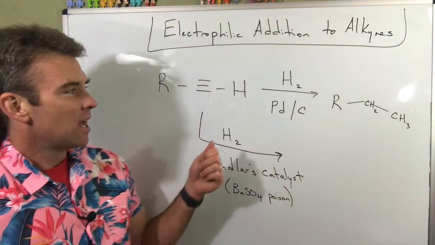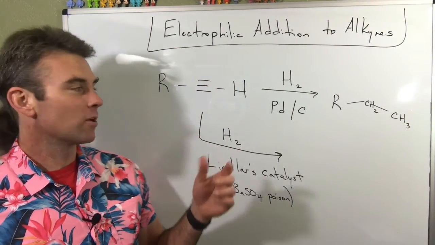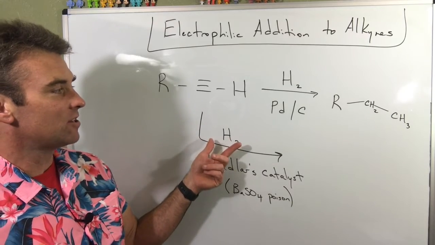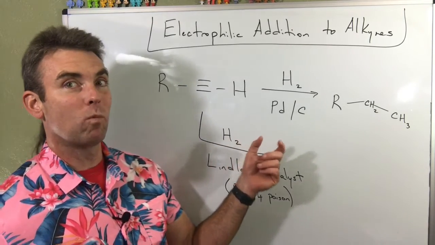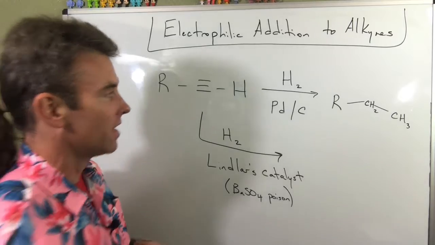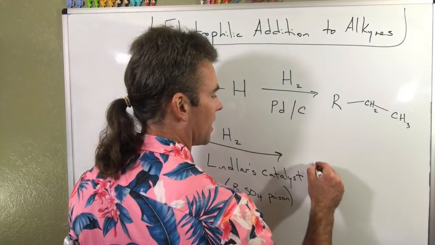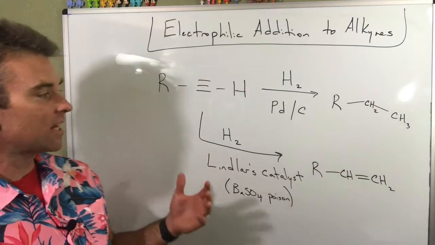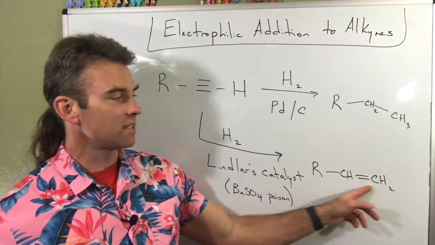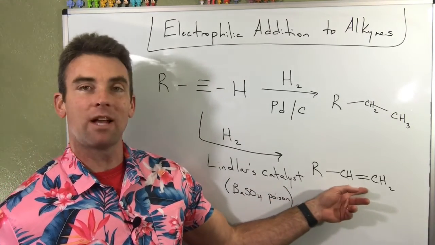And so in that way, you're going to add just 1 set of H's. So in a case like this for a terminal alkyne, we end up with just a simple terminal alkene, right?